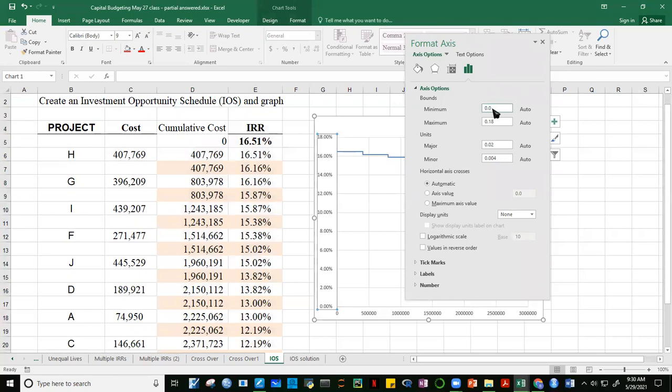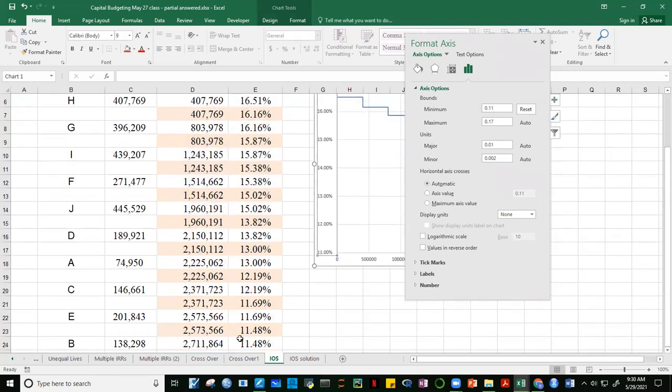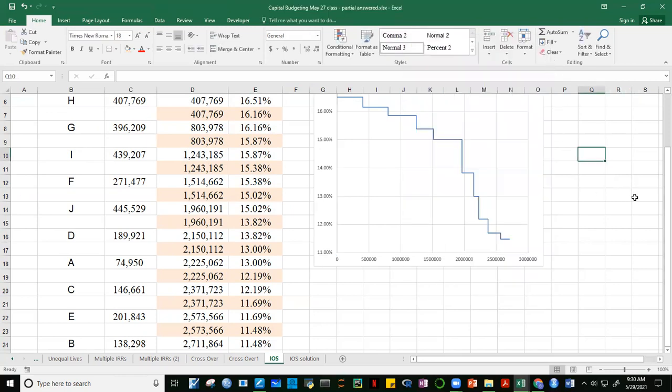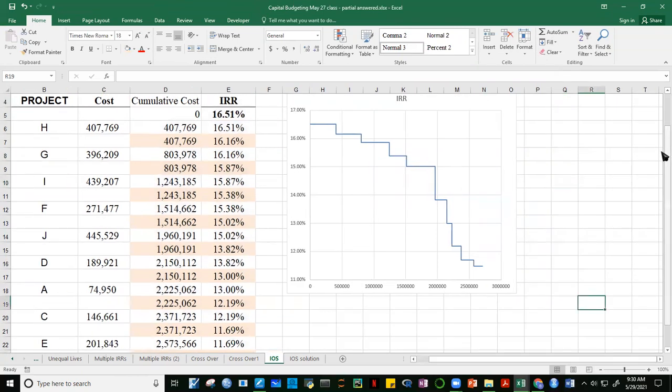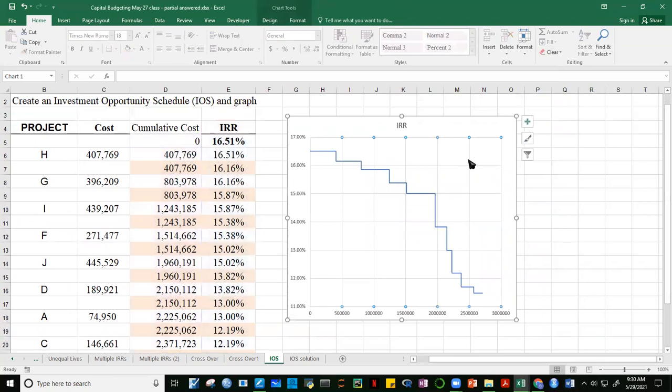Let's make the minimum 0.11, because I think the minimum is 11.48. So I made this 0.11, enter. Okay, so it looks more like a stepladder function now.